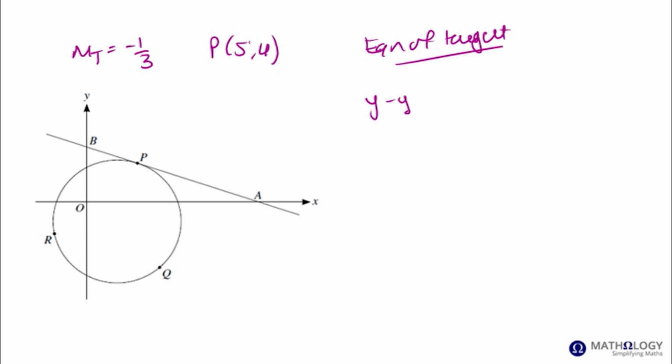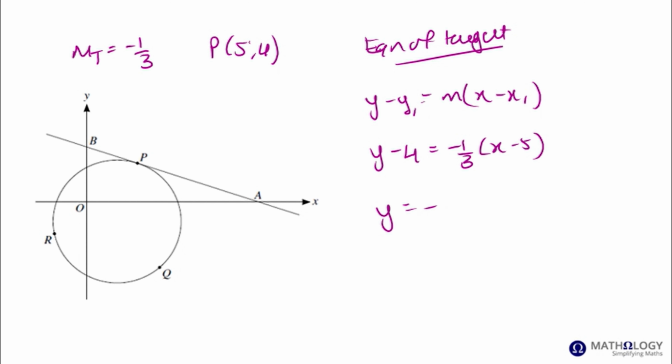So y minus y1 equals m times (x minus x1). y minus 4 equals minus a third times (x minus 5). y equals minus a third x plus 5 thirds plus 4. y is minus a third x plus 17 over 3.